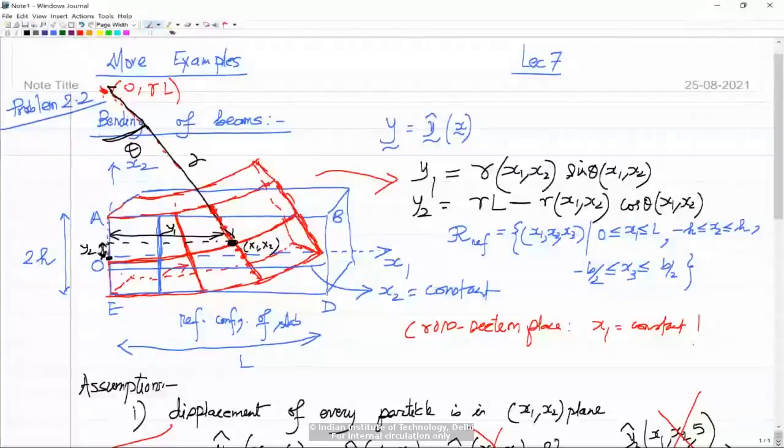They all have to have the same theta. But what is the difference between those points? They all have different x2 coordinates. So that means theta should only depend on x1. So that's what I can say from here, that theta just depends on x1.